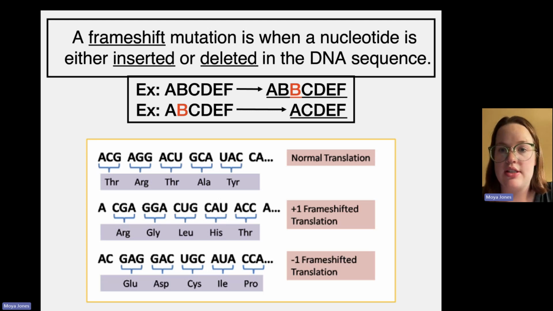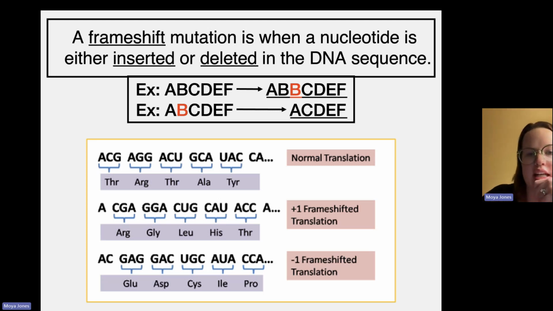Frame shift mutations are when a nucleotide is either added or inserted or taken out or deleted from the DNA sequence. Frame shift mutations are going to change the number of nucleotides. It would either add a nucleotide or delete a nucleotide, which is why they're called insertion or deletion.